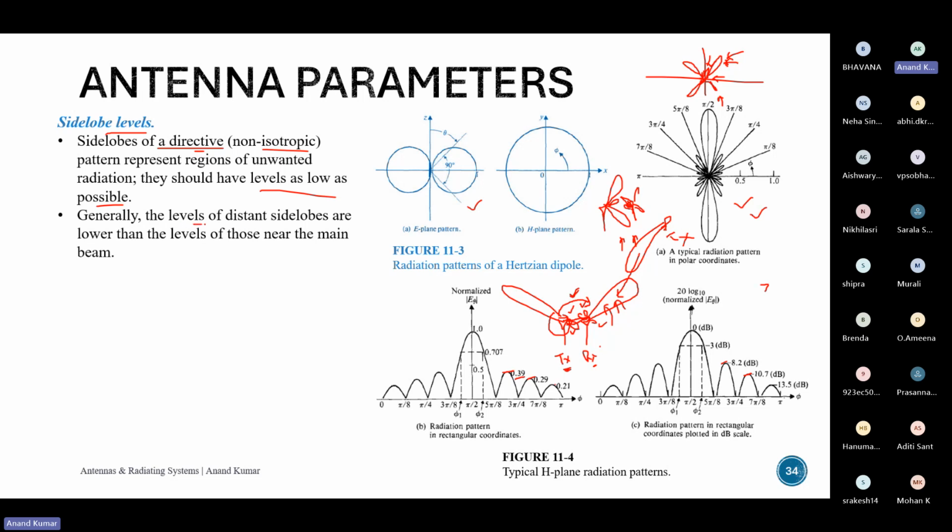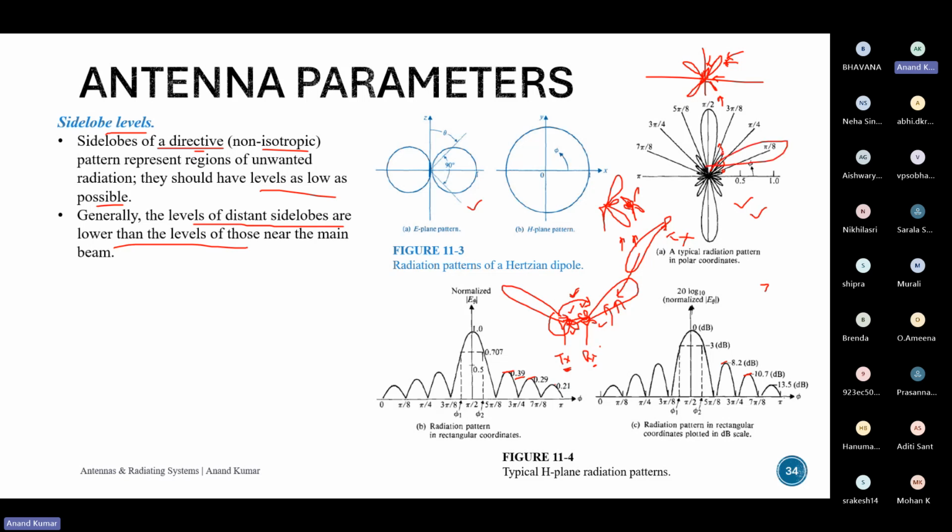So generally, the levels of the distant side lobes are lower than the levels of those near the main beam. This is more like an observation that the side lobes which are near to the main beam are usually higher and they become lower as we move away from the main beam. But this will not hold up if you have more than one main beam.